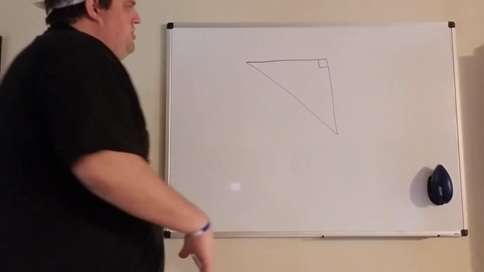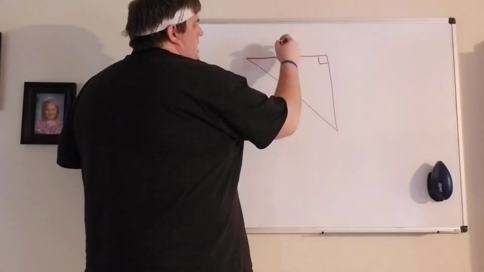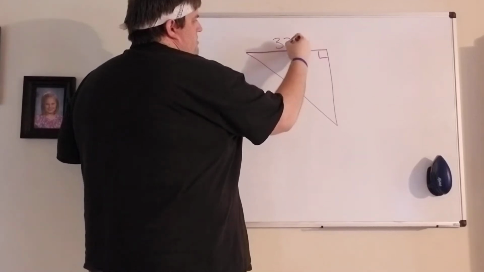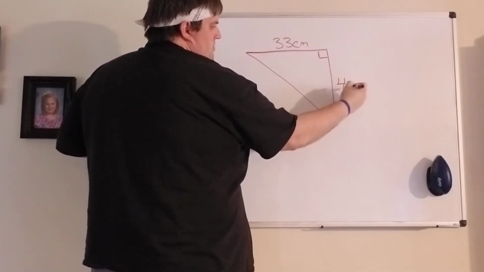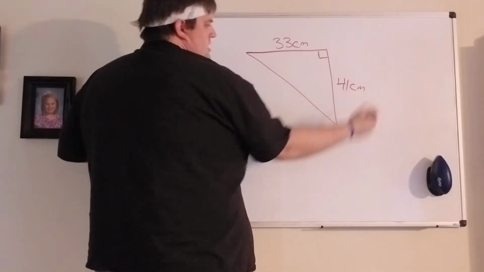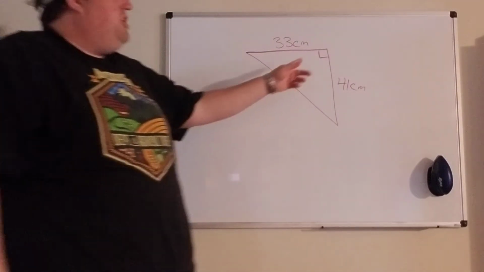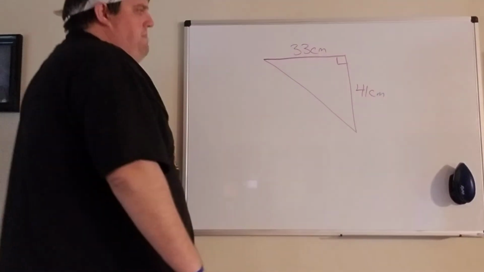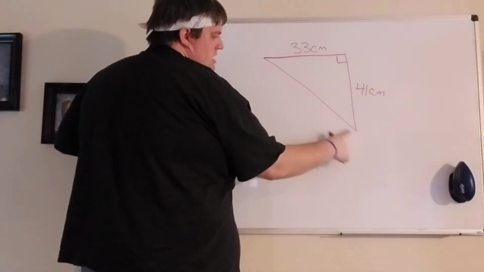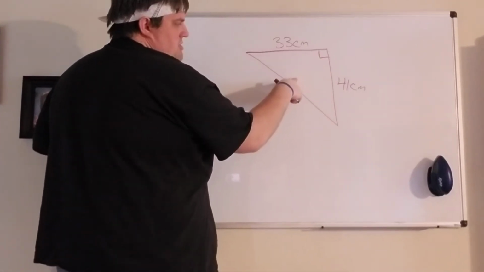But when we have this right triangle, right, and I know this side is 33 centimeters, and this side's 41 centimeters. The thing that you got to be careful about again is looking for that hypotenuse. The hypotenuse is always the one that's across from the right angle.